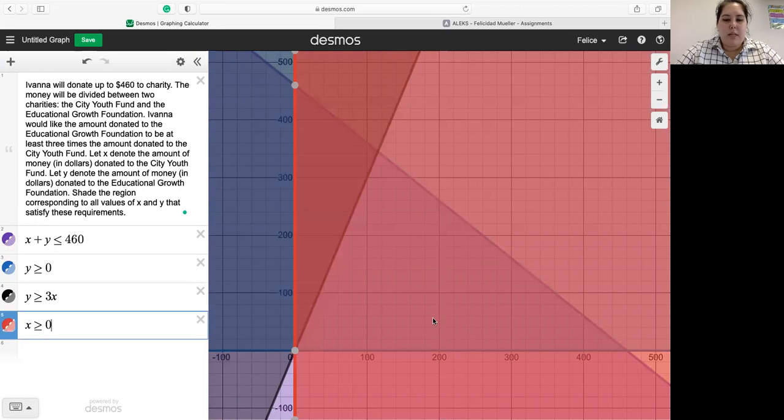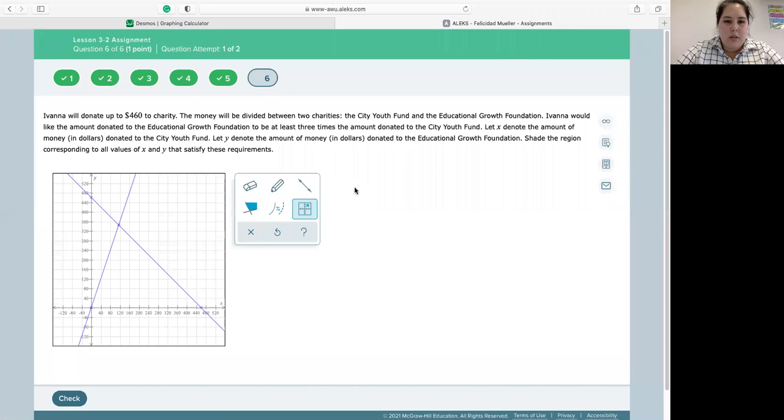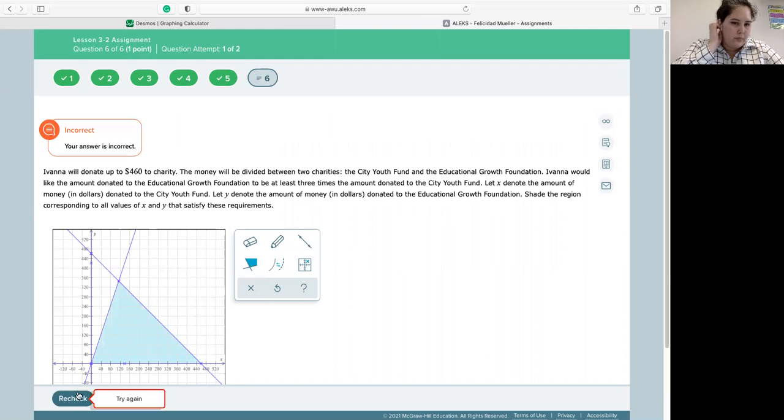There are a couple other limitations here, because you can't donate less than $0. That's something to keep in mind, because we are talking about money. So we're going to graph this line as well. Because of the limitations of it being money, we have to make sure that we're in the positive. So this here is what I could do. I wonder if it wants me to delete this.